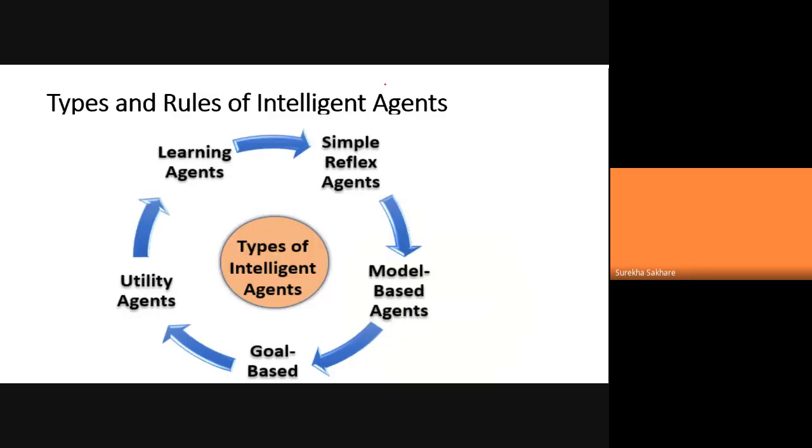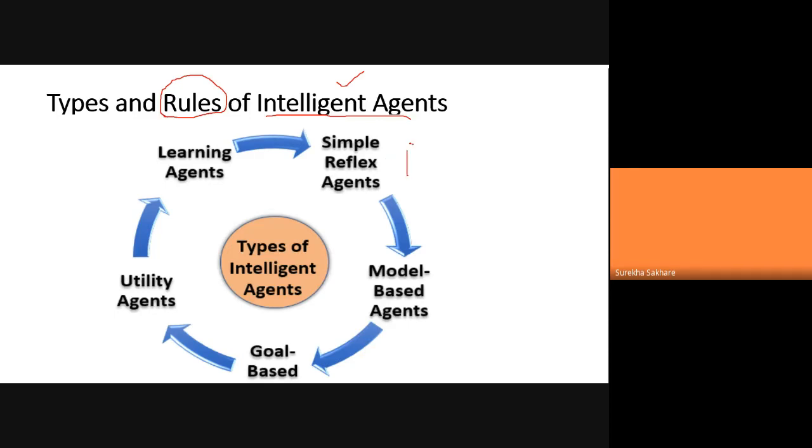Now we have many types of intelligent agents, and depending upon that, the rules will be fixed. First we will see what exactly the types are.